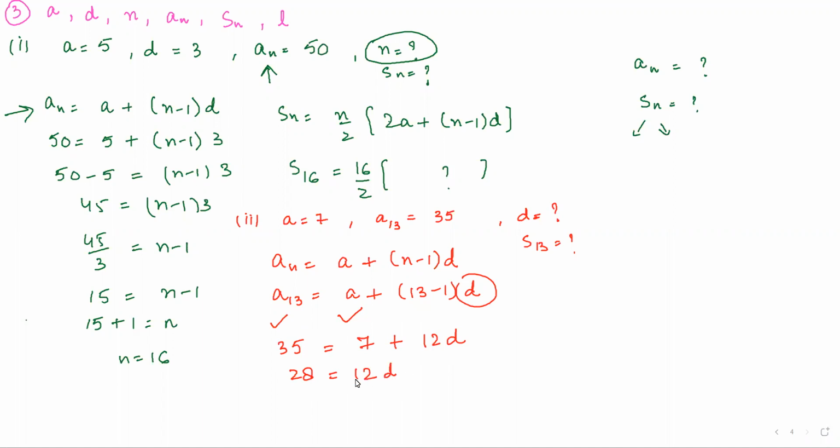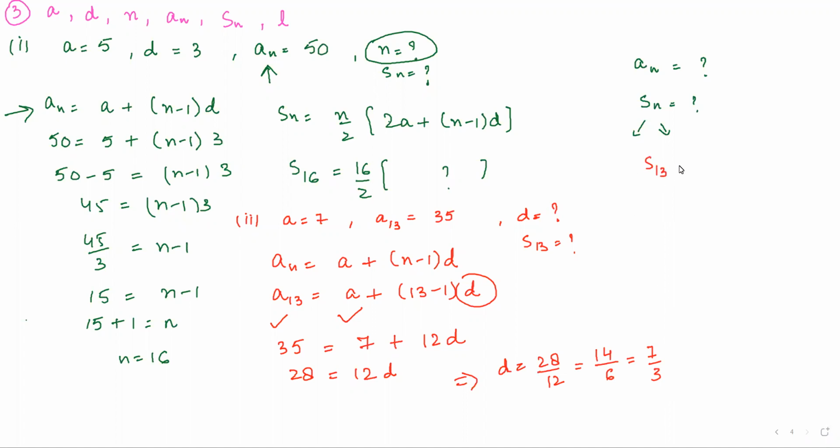So d becomes 28 divided by 12. If you divide by 2, 14 divided by 6, that becomes 7 divided by 3. So 7 by 3 is your d. Now you find S13.